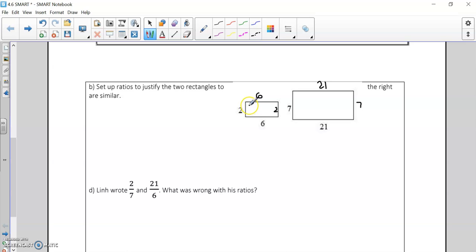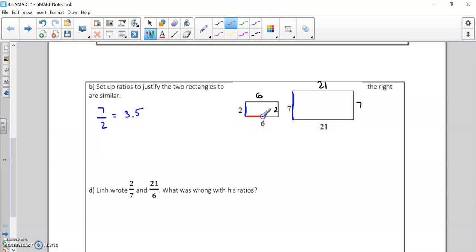So let's start with the vertical pair. So let's go ahead and compare these two, right? I always like to put the big one on top if that's an option I have, so that's what we're going to do. All right, 7 over 2 is going to be that ratio. And if we actually did that division, we would get 3.5.